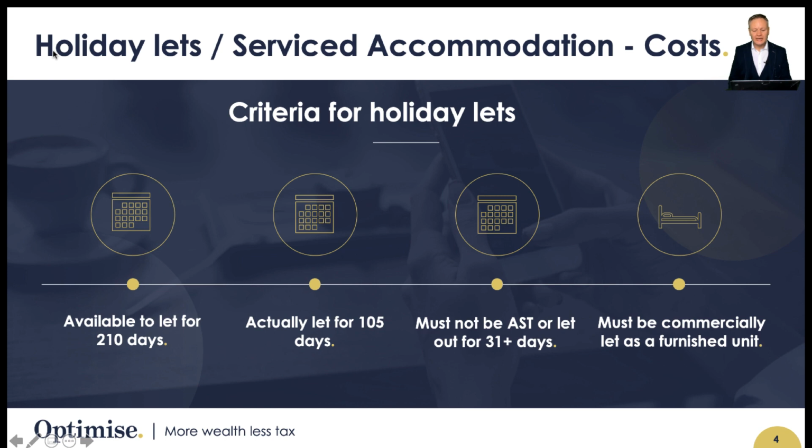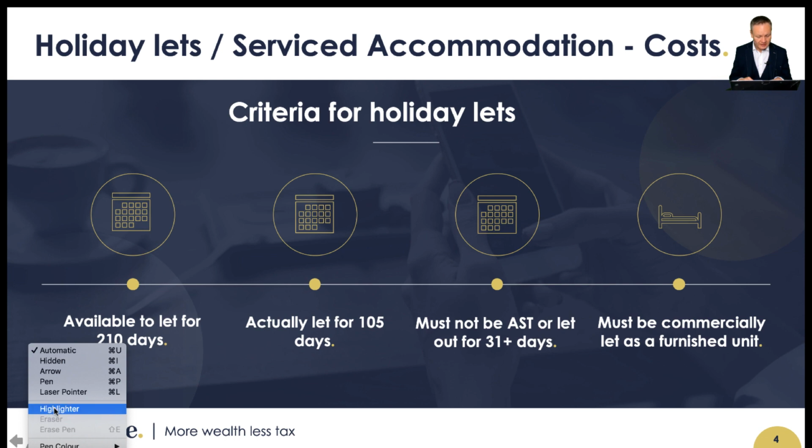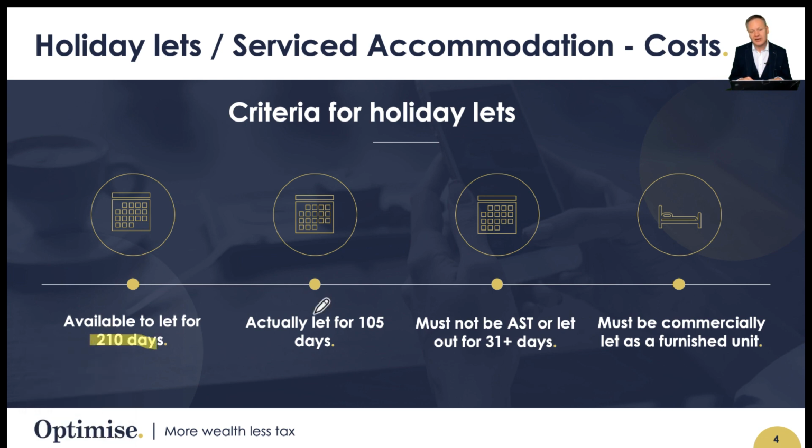So let's look at the criteria for holiday lets. I think it's always worth looking at this. The property must be available for 210 days. That's 210 days. So you must have a holiday let that's available for that time. It must also be let for 105 days out of that 210 days that it's available.